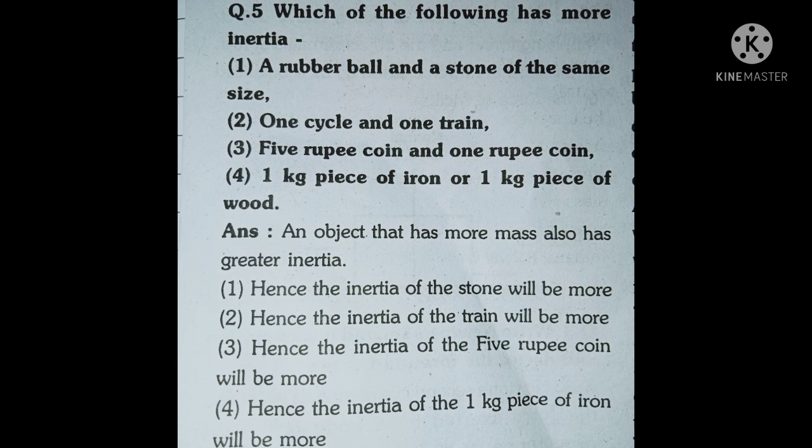Hence the inertia of the 5 rupee coin will be more. Fourth, 1 kg piece of iron or 1 kg piece of wood. Answer, hence the inertia of the 1 kg piece of iron will be more. Answer 5 complete.